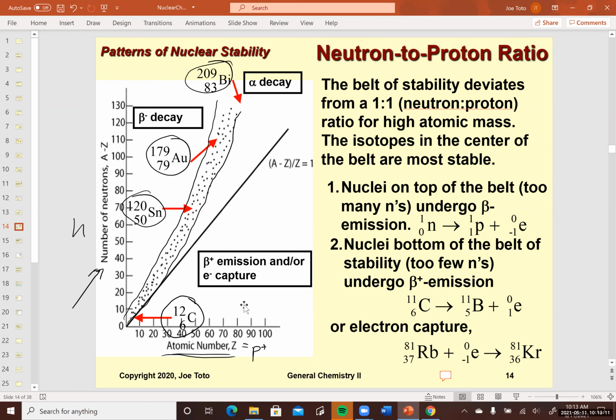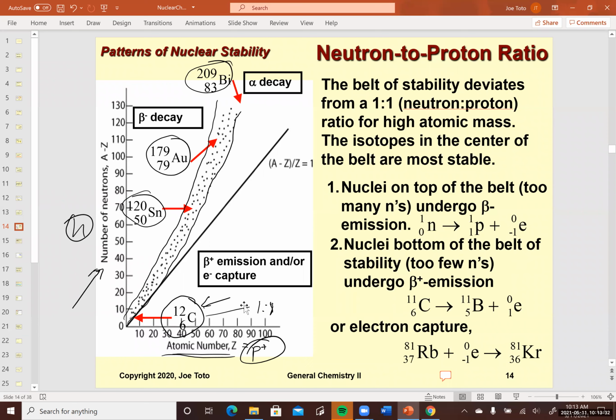So you see that for carbon, way down here with small atoms, the ratio of protons to neutrons is about 1-to-1 when they're small.